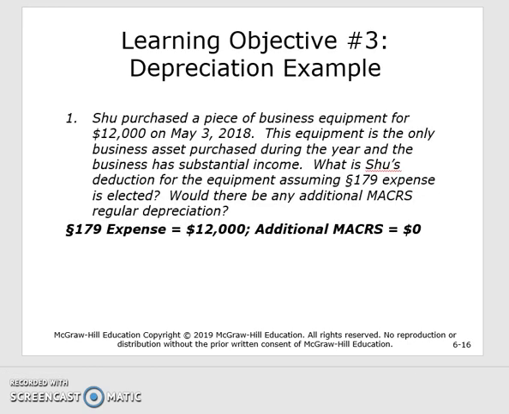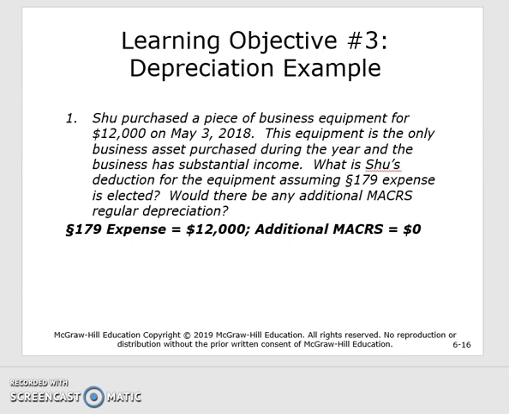Let's take a look at an example. We have a taxpayer who purchased a piece of business equipment for $12,000 on May 3rd, 2018. The equipment is the only business asset that was purchased during the year, and the business has substantial income. What is the deduction for the equipment, assuming the 179 deduction is elected?